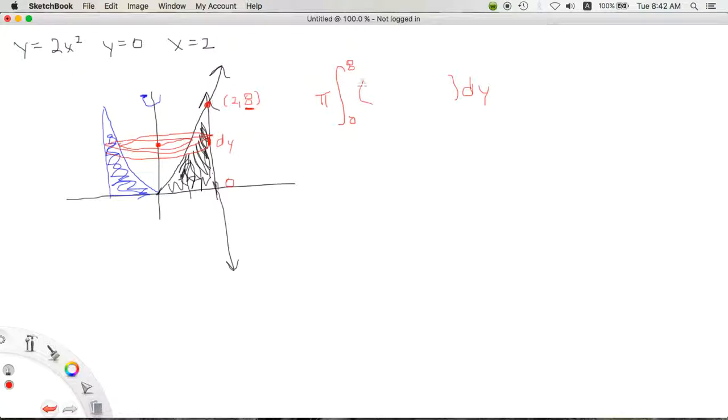Our outer one is a constant, so our outer radius is 2, and then of course we square it. Pi r squared h gives us the volume of the big cylinder. And then for our inner ring, we're going to the function. So what we need is this function in terms of y, because we're using dy.